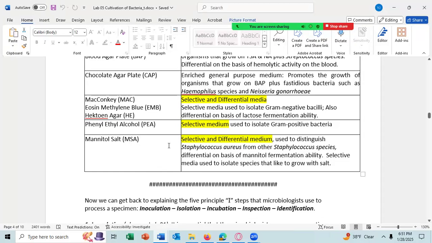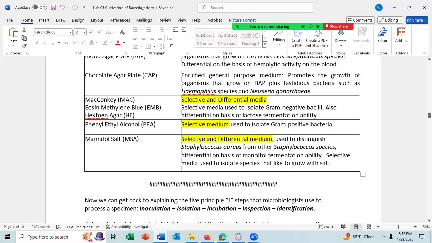It does say you can use this plate to separate Staphylococcus aureus from other species of Staphylococcus. Because Staphylococcus species can grow on the plate, they like salt. And then Staphylococcus aureus will be yellow, and at least most of the other Staphylococcus species do not ferment the sugar mannitol, so they will not turn yellow.